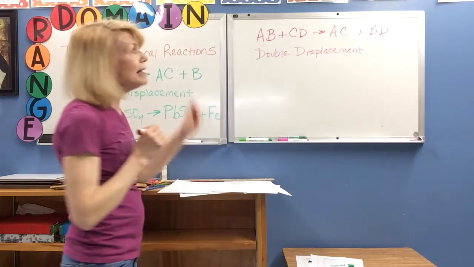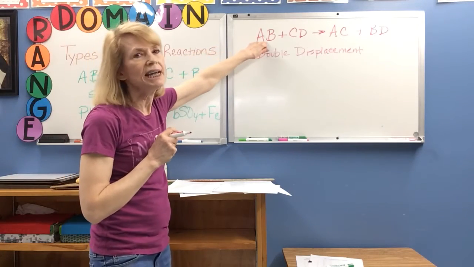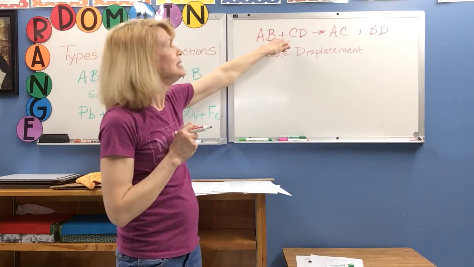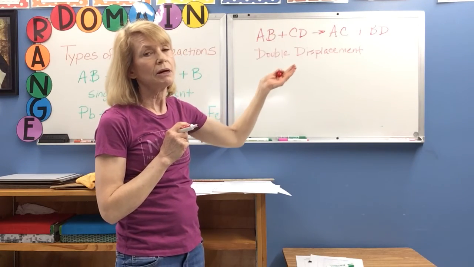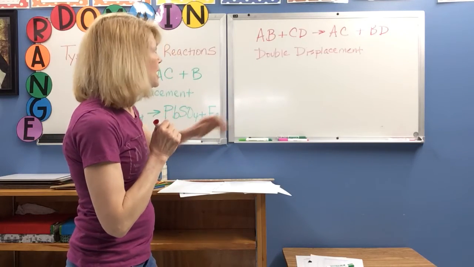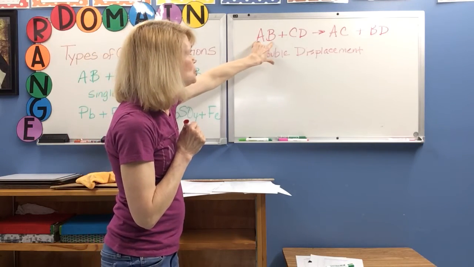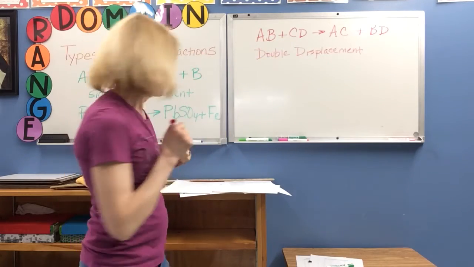If you want to go back to the date analogy, it's like A and B showed up at the dance together, and C and D were at the dance together, and then they switched partners. Okay? Double displacement reaction, you have two compounds that switch partners.